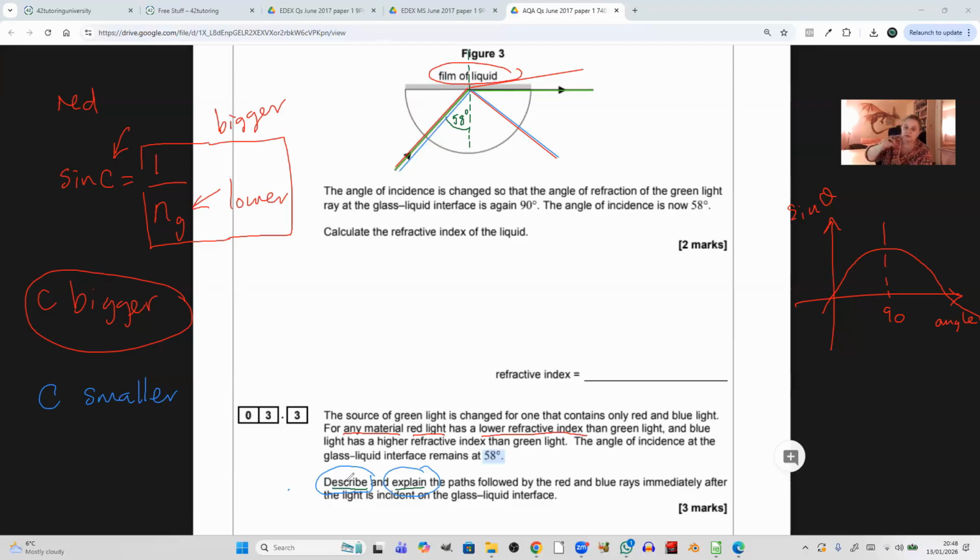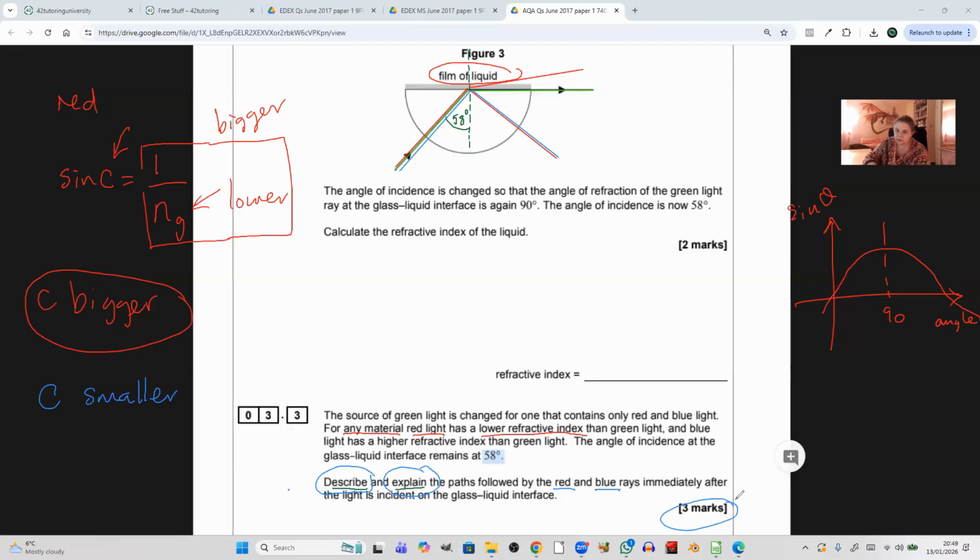So in order to get these 3 marks, we absolutely have to do 4 things. We have to describe for the red, describe for the blue, explain for the red, explain for the blue. We have to do it all. If we don't do it all, we are not going to get all the marks.